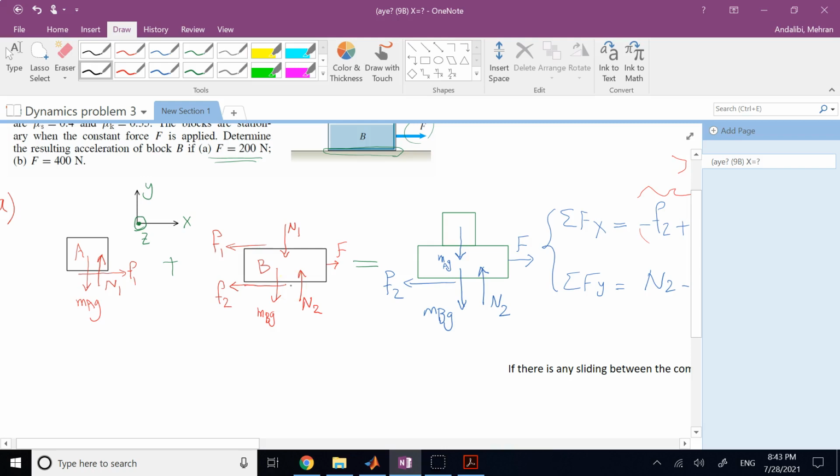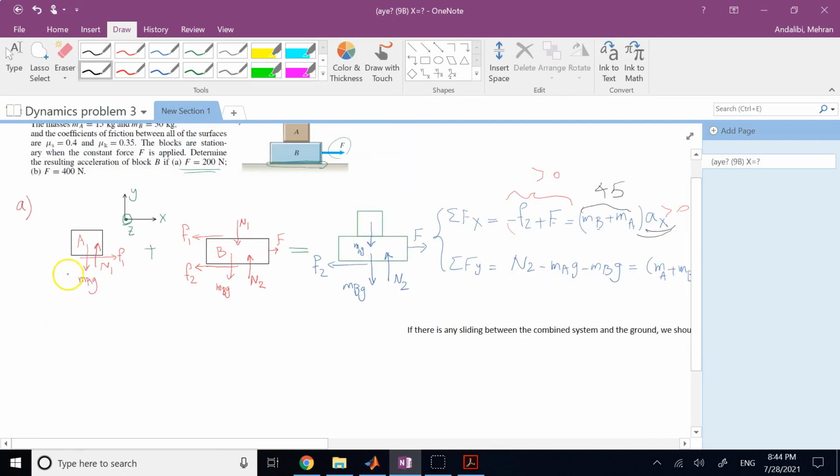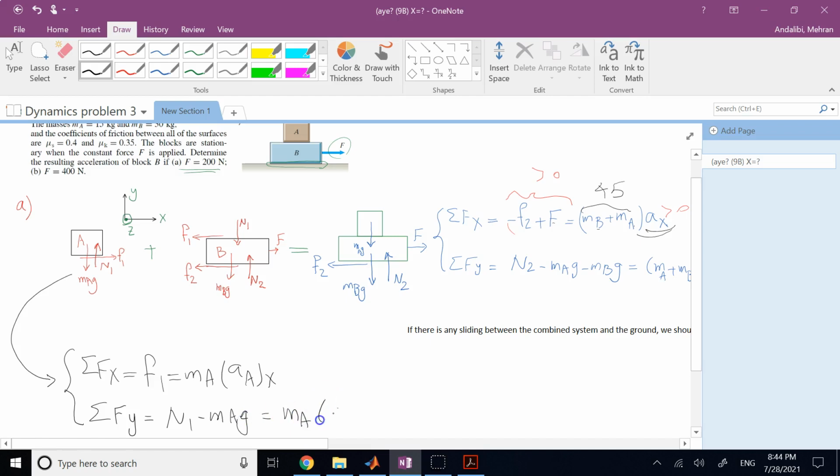So now, if I focus on block A, for this block A, I have two equations. Sum of the forces in the x direction is equal to F1. This is equal to mass A times acceleration AX. And sum of the forces y is equal to N1 minus MAG equals mass A times acceleration of AY.